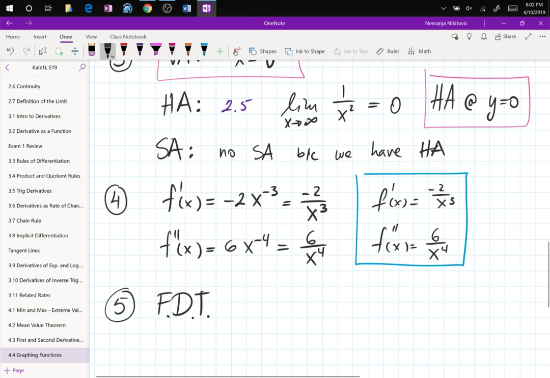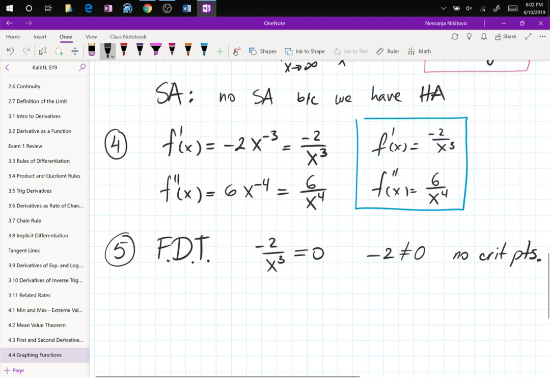So that was last class. So negative 2 over x cubed is equal to 0. We get negative 2 equal to 0, which cannot be, which means no critical points. Now that immediately means no min or max. That's very important.